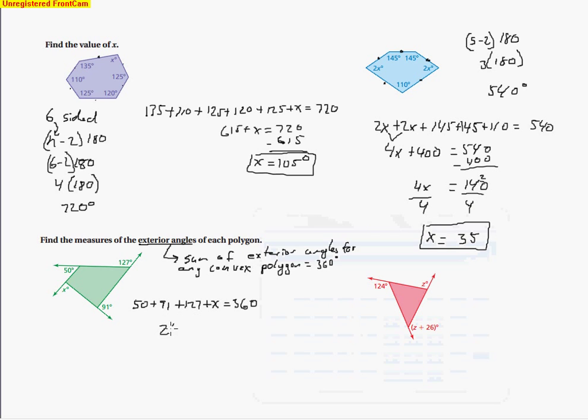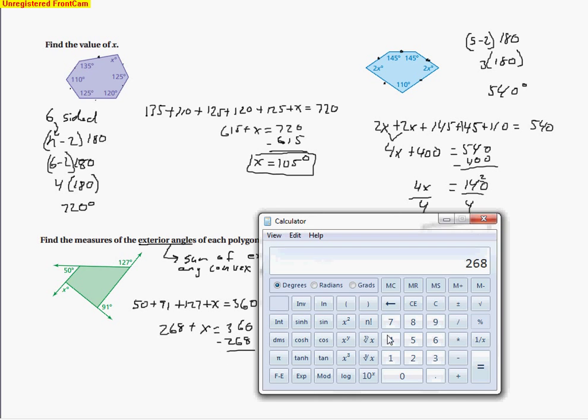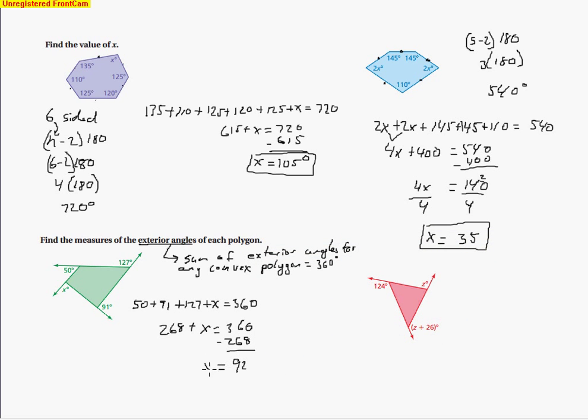So 268 plus x equals 360, and then we just subtract from both sides. When I do that subtraction, 360 minus 268 gives me 92. So that equals x. So find the measures of the exterior angles of each polygon. So these are the 4 measures along with 92 degrees.